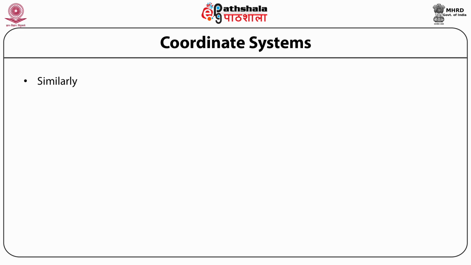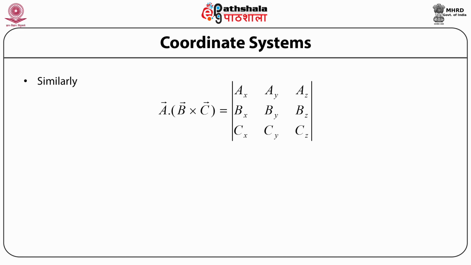Now let us look at the scalar triple product of three vectors, that is vector a, vector b and vector c. If we take the scalar triple product of these three vectors, then this turns out to be equal to the determinant having 9 elements, where the first row has the x, y and z components of the vector a.